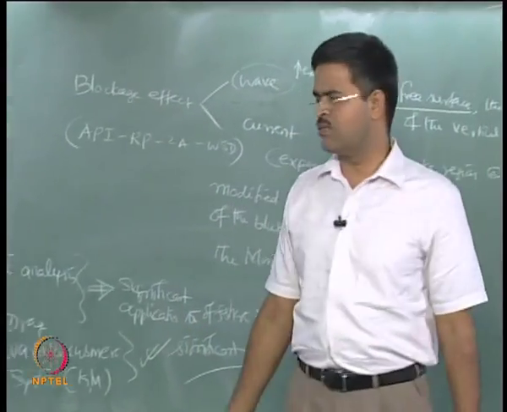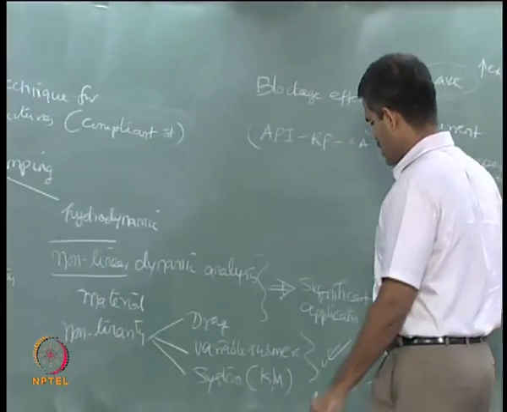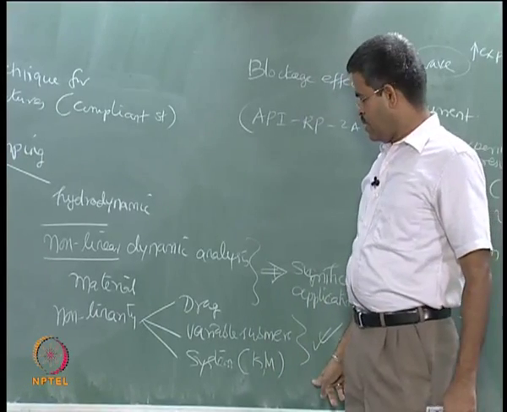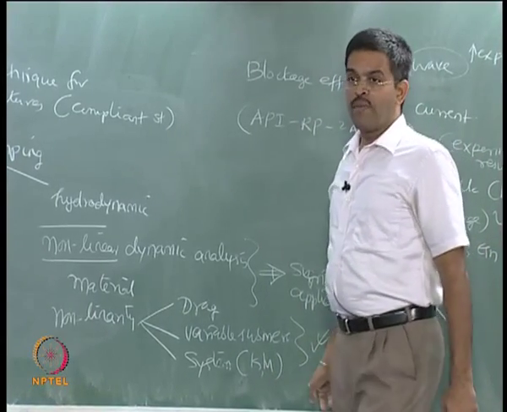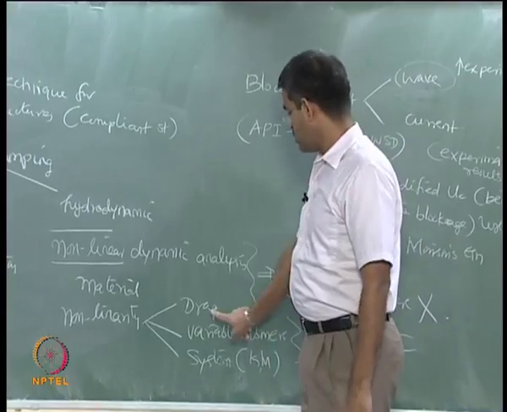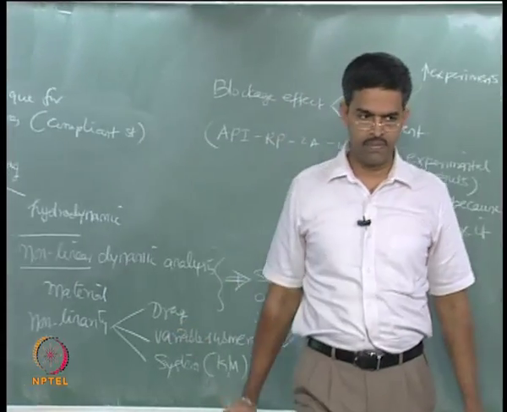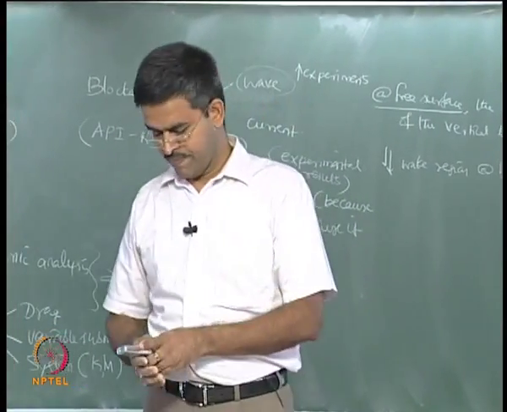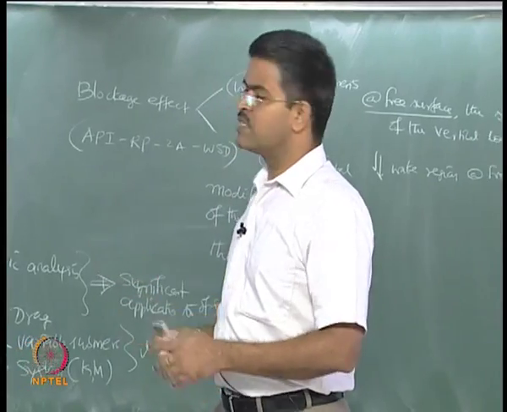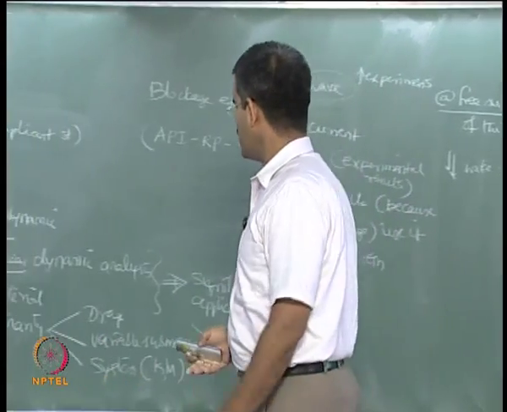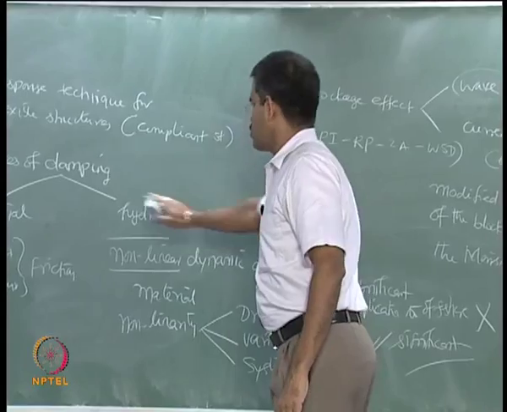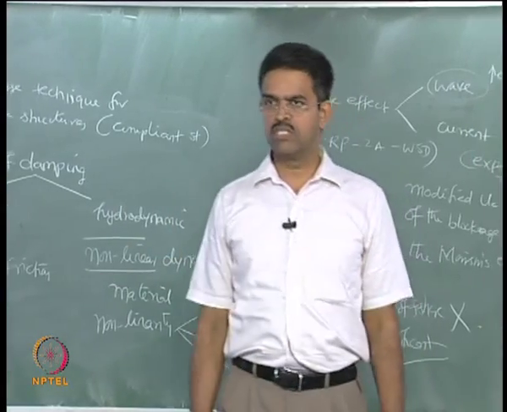So talking about flexible systems or compliant structures, you will have system non-linearity. Talking about large diameter structures where we use Morrison equation, we talk about drag non-linearities. So the material damping is generally less compared to that of the hydrodynamic damping, because these are the two sources from which damping can come in ocean structures.